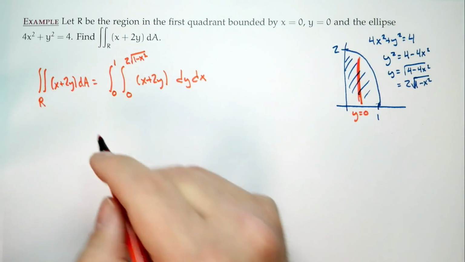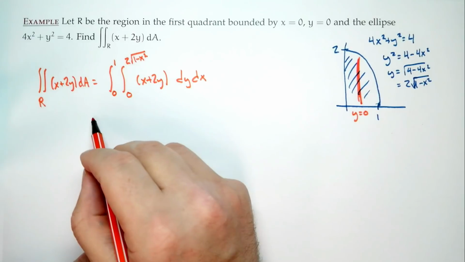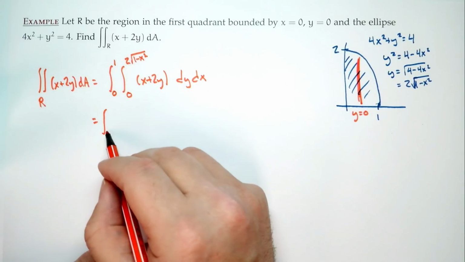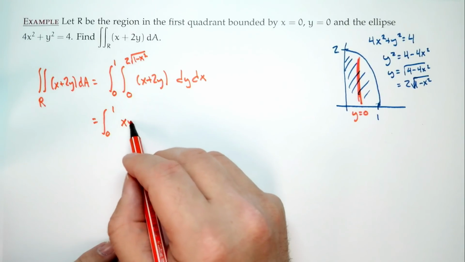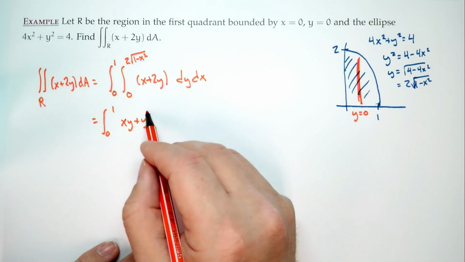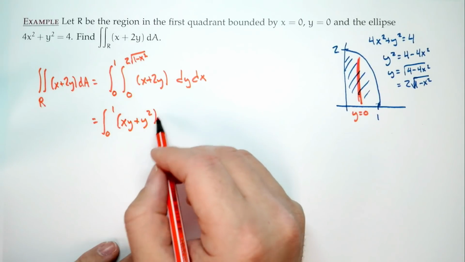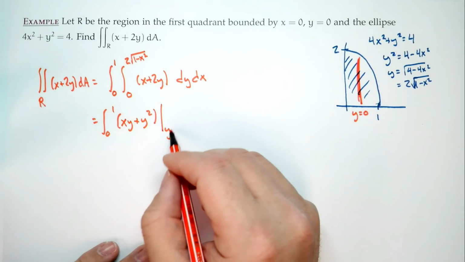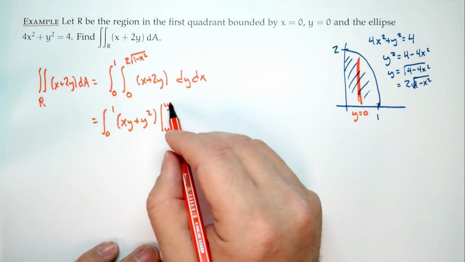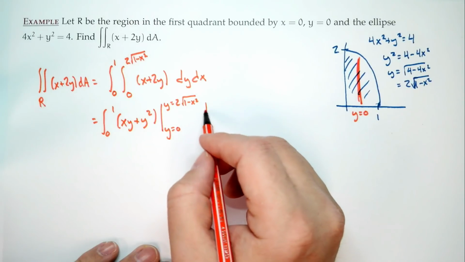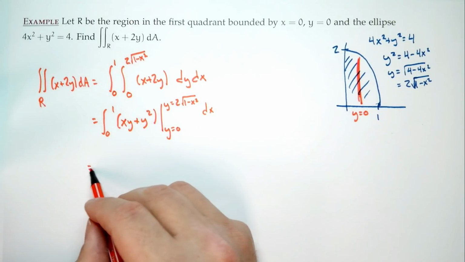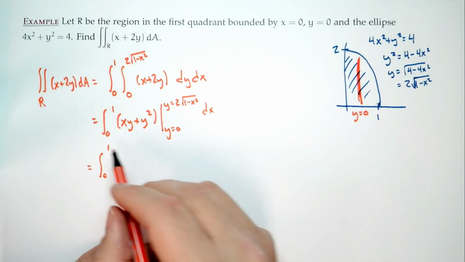So what do we get? Well, we get the integral from 0 to 1, integrating with respect to y, we'll get xy plus y squared. And now we're going to evaluate from y equals 0 to y equals 2 square root 1 minus x squared. And doing that, we get the integral from 0 to 1.